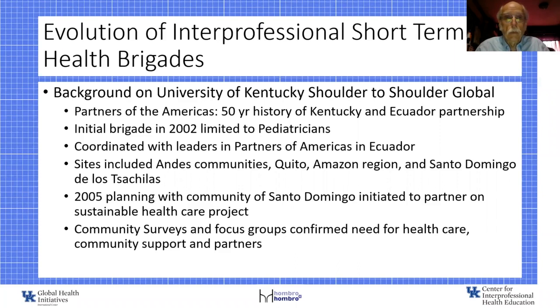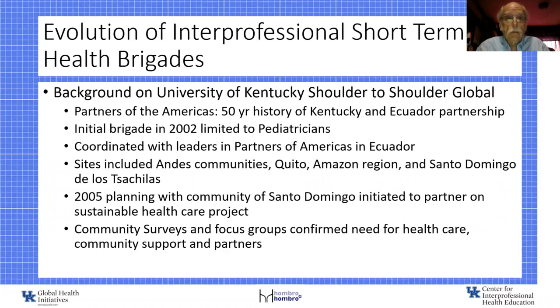So when we did our very first initial trip, it involved only myself and pediatric residents, and that was in 2002. We coordinated this with Partners of the Americas chapters in Ecuador, and our initial trips included visits to the Andes communities in Quito, in the Amazon area, and in Santo Domingo.